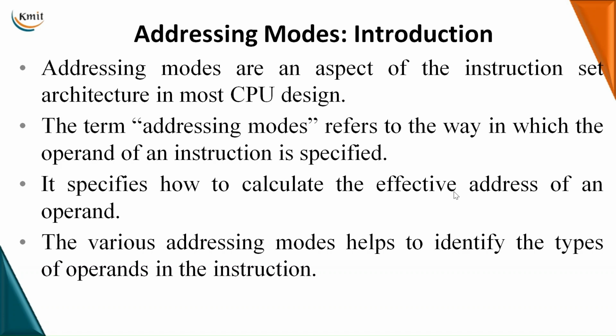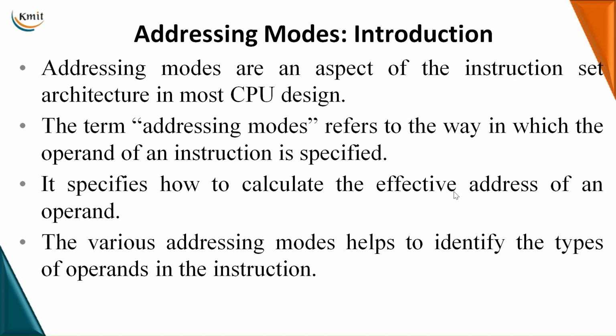The address part of a particular instruction may contain the actual operand value, or it might contain a register which holds an operand value, or it might contain an address of a memory location where the operand is stored.